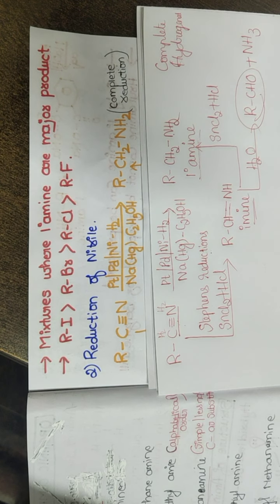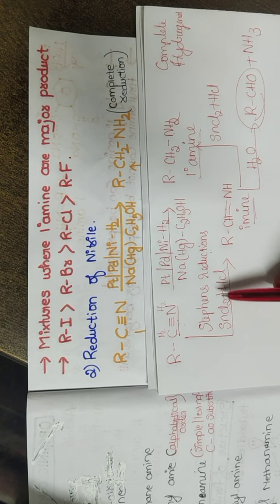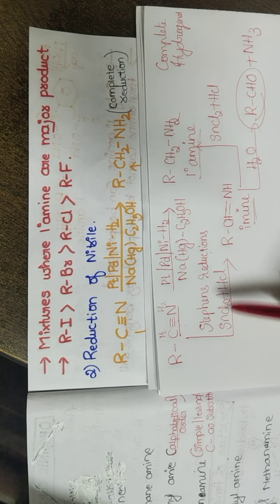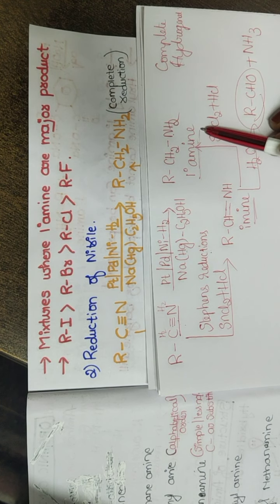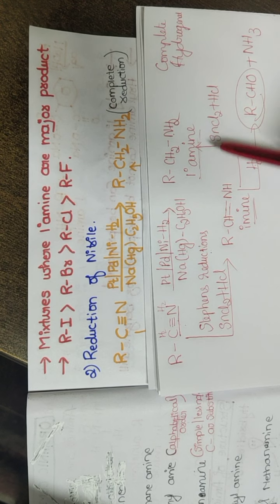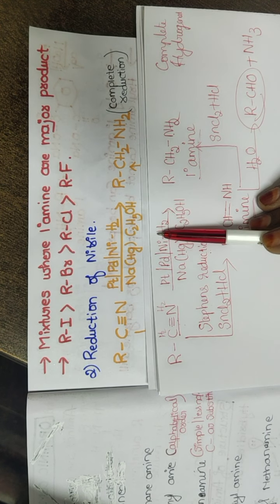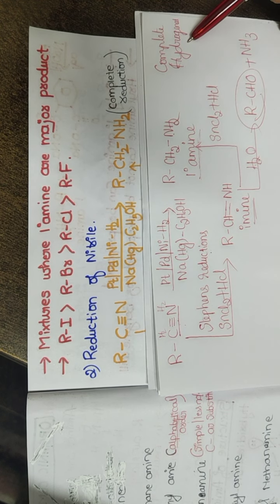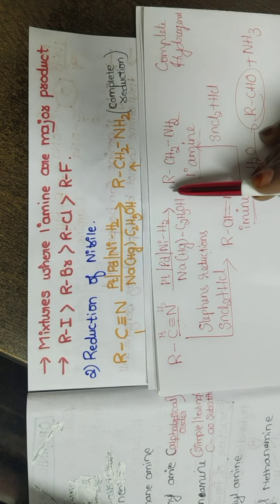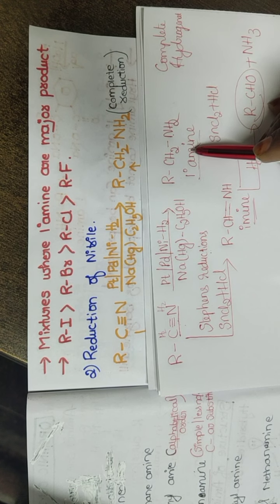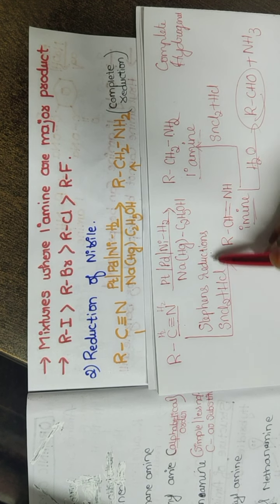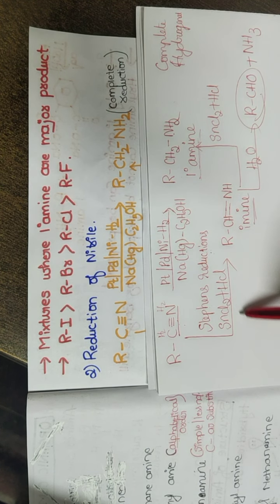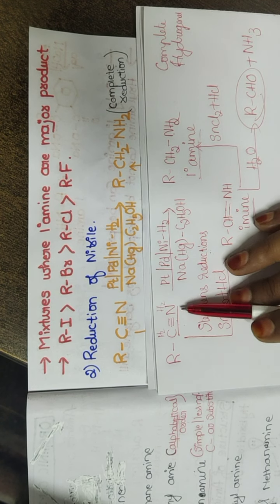But in this chapter you should know that Stephen's reduction can also be done for nitriles to end up with a primary amine. But do remember, if you take catalytic hydrogenation or sodium amalgam in ethanol, you can do complete hydrogenation in a single step and end up with a primary amine. Whereas Stephen's reagent can be used only for partial hydrogenation.